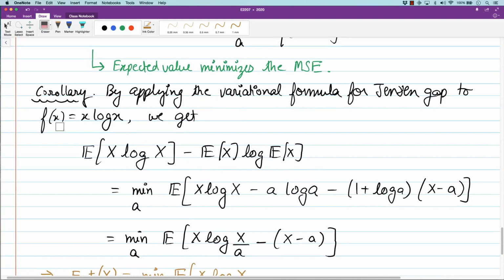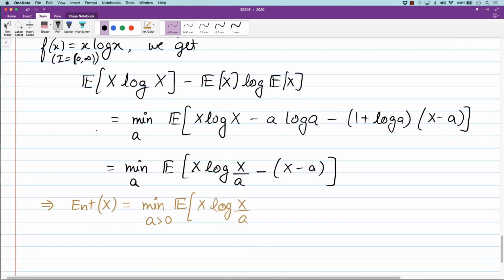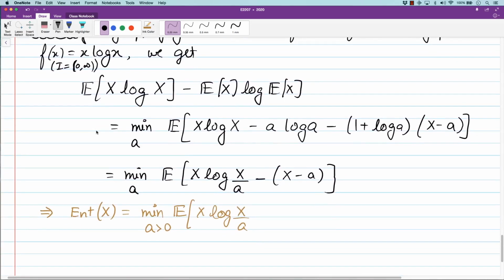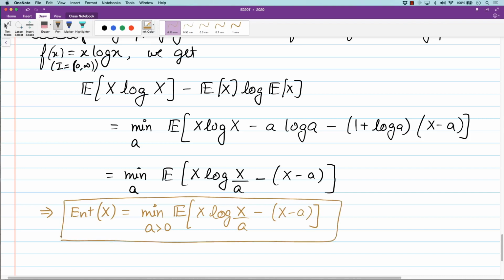And just to be sure, I clarify that we choose I to be 0 to infinity here. In fact, we should rule out 0 also, no problem. Okay, so this is the formula, the variational formula for entropy that will be very useful for us.